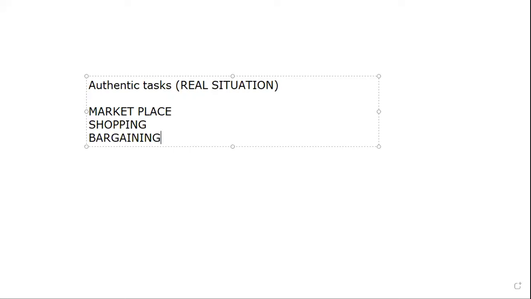They were bargaining. Pay attention again with the situation. The situation first, the scenario is the marketplace. The situation is selling and buying, which is shopping. And finally, the specific task, bargaining.